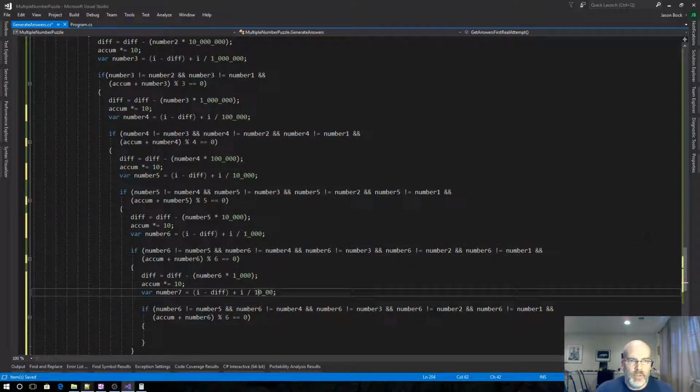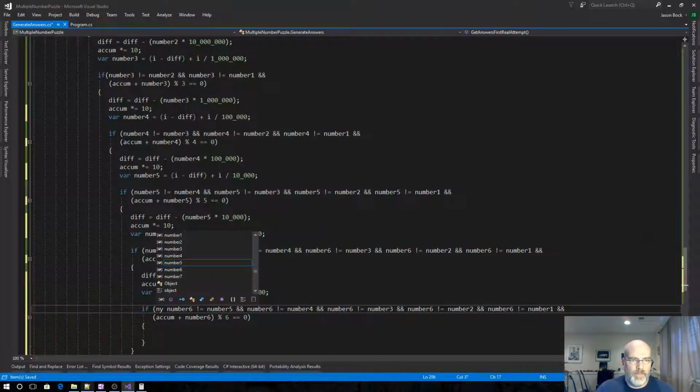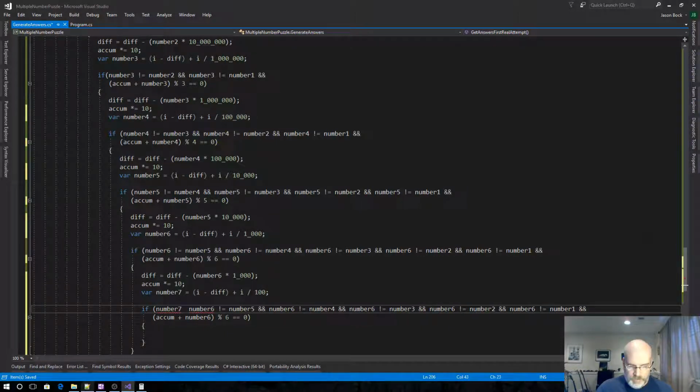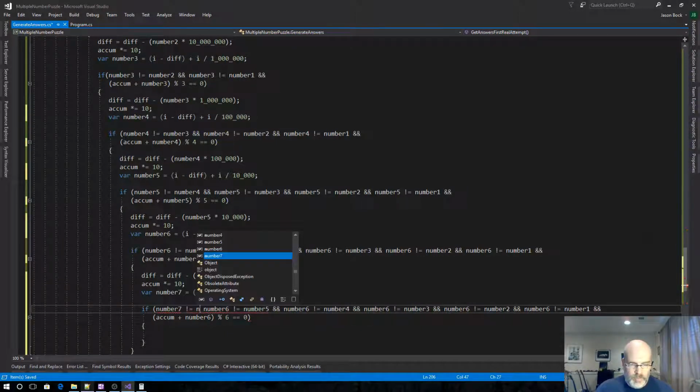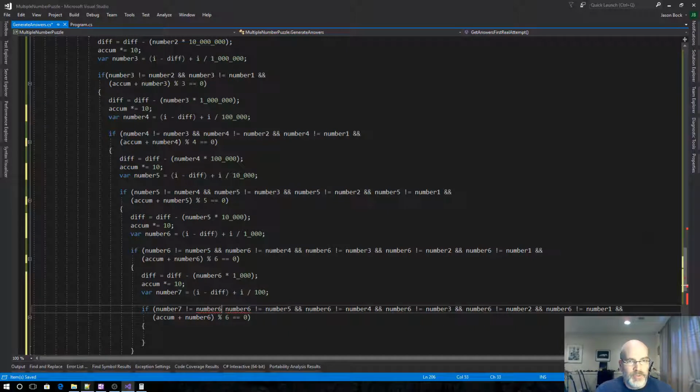This is now 100. And number 7 not equal number 6. Is it going to be smart enough? Ooh, it is. Okay, now let's say all these.